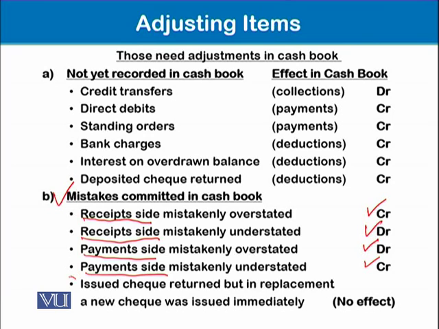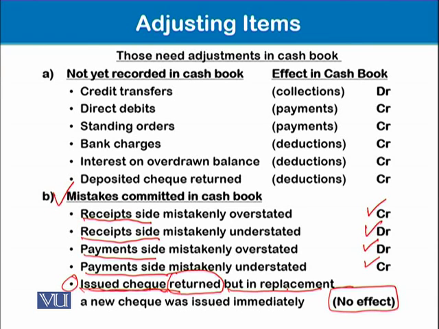One important thing: if the check that we issued to our supplier or to anyone for making payment is returned as a dishonored check, but at the same time is replaced by a new check immediately, then we don't need to record this in our cash book because this mistake has already been rectified.